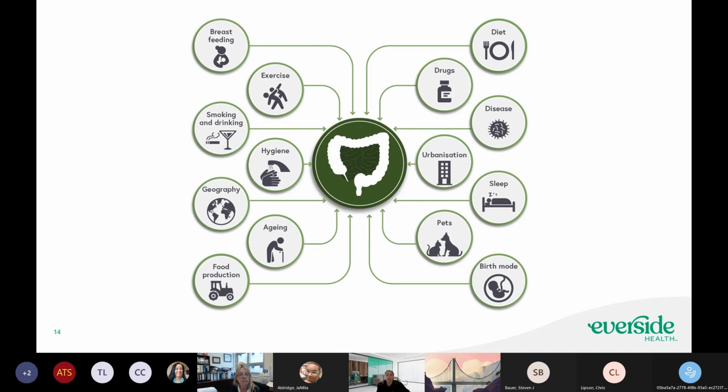How old you are, that aging process can impact your gut microbiome, how your food was produced, diet, what medications you take, different conditions you might have. Again, if you live in a city or a rural area, how you sleep, pets, if you're born as a C-section versus vaginal birth, those are all going to impact what your gut microbiome looks like.